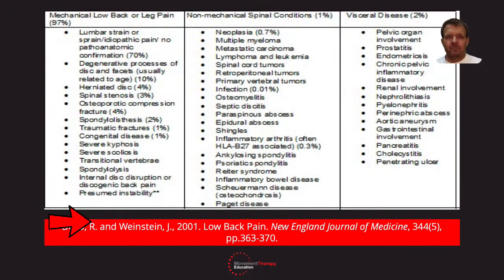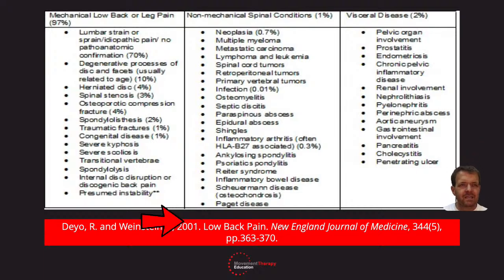This is from a while ago, 2001, and this is the prevalence of different pathologies relating to lower back pain, things that you should be worried about, things that are systemic, things that are pathological, and some that are more mechanical.